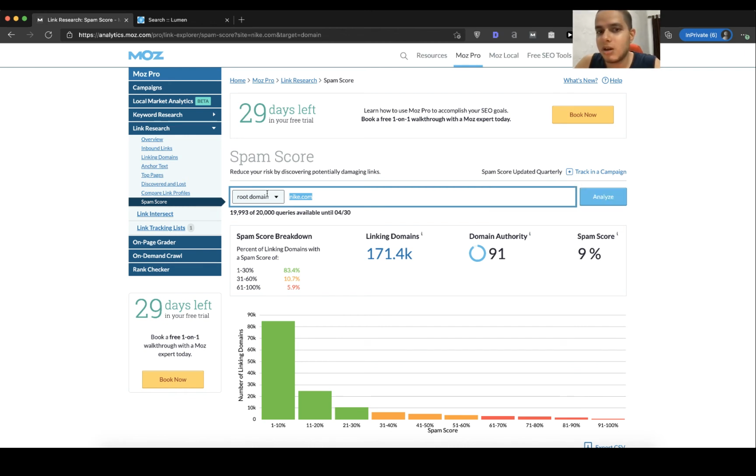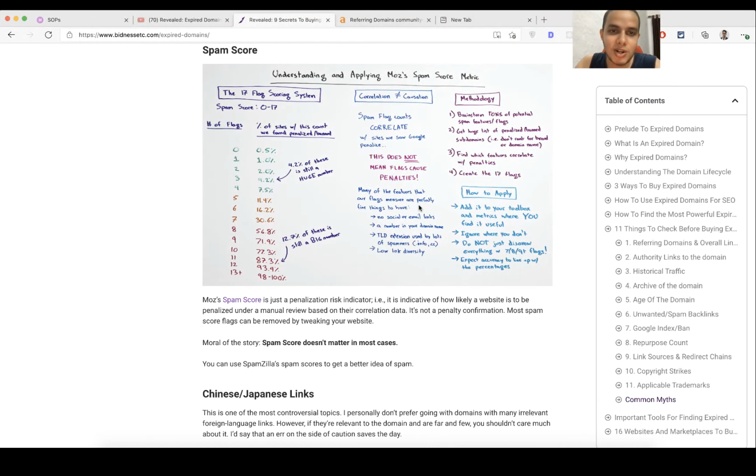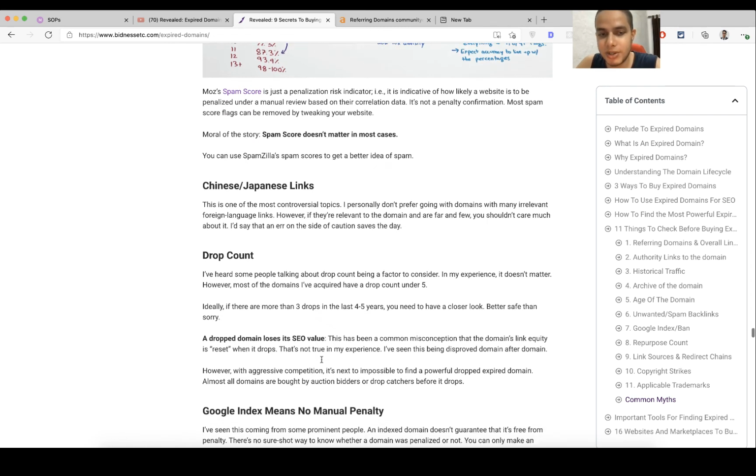So a site like Nike won't necessarily be penalized or something. To understand what spam score actually is, I have linked out to their blog post, which also has a video where they have explained how spam score is really calculated, and it is just an indicator of risks that you might have, and you can easily have all these flags cleared if you want.